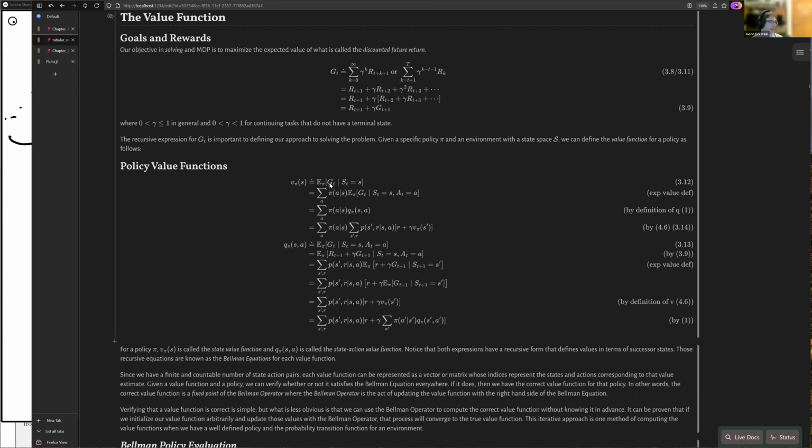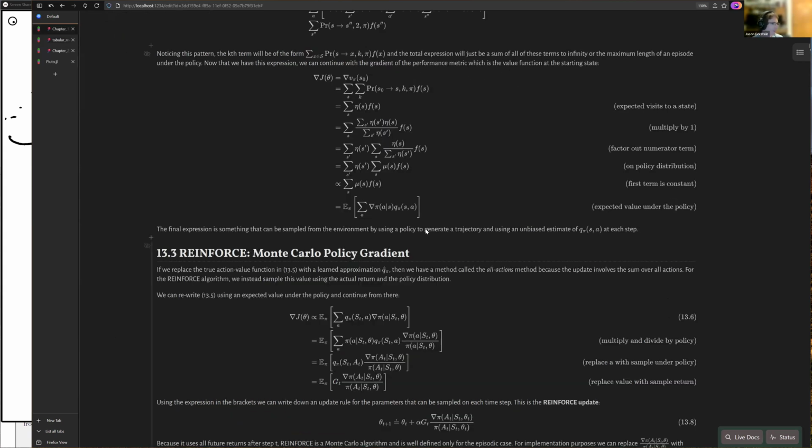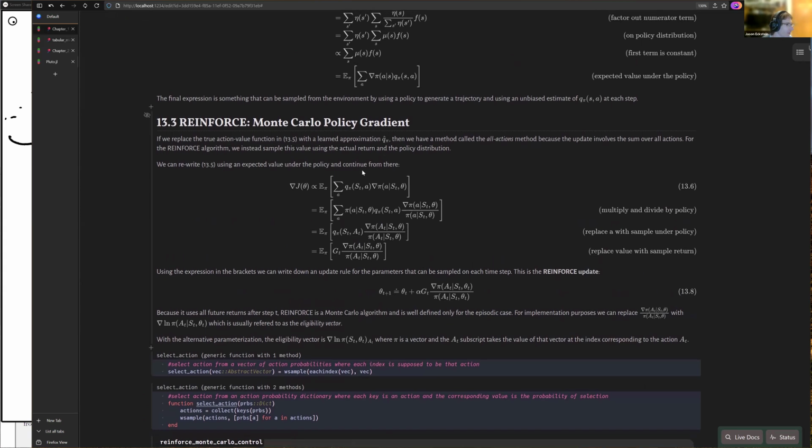And of course, V is the expected value of G, and Q is the expected value of G here. Now, G is something that we can collect from the environment, but only if we can actually take this sum to termination. So that's why the first algorithm here, REINFORCE, is a Monte Carlo algorithm.